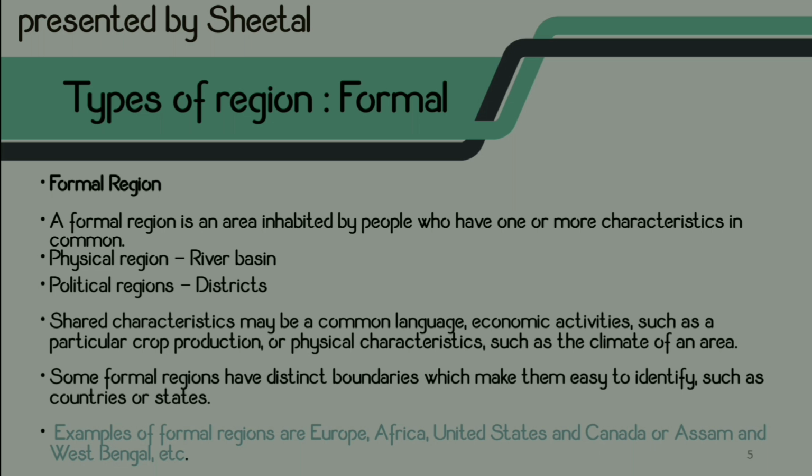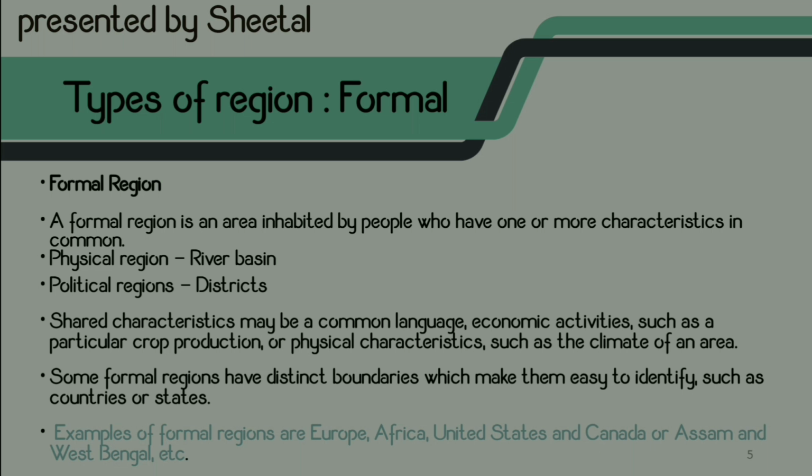Shared characteristics can be a common language, economic activities such as particular crop production, or physical characteristics such as the climate of an area. Some formal regions have distinct boundaries which make them easy to identify, such as countries or states. For example, Europe, Africa, the United States and Canada, or Assam and West Bengal.